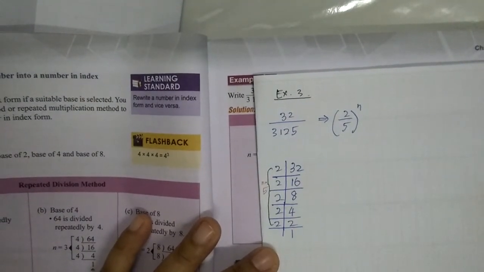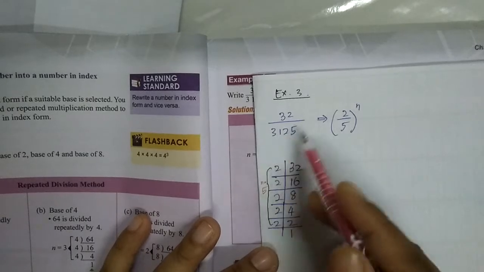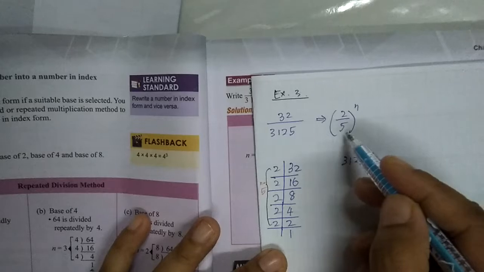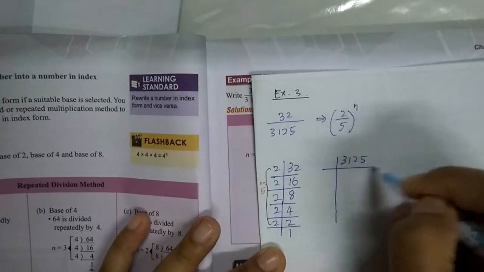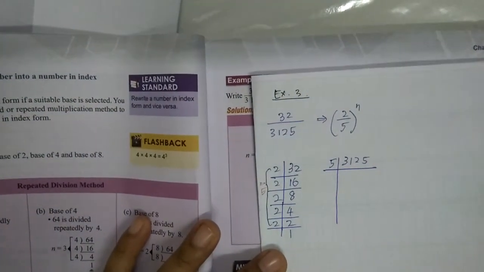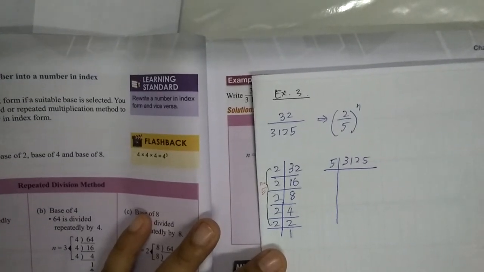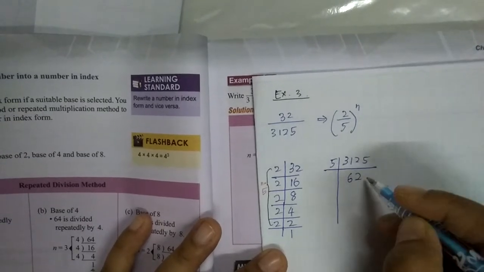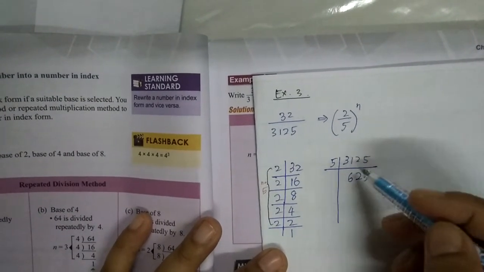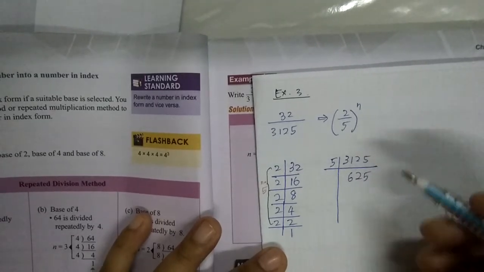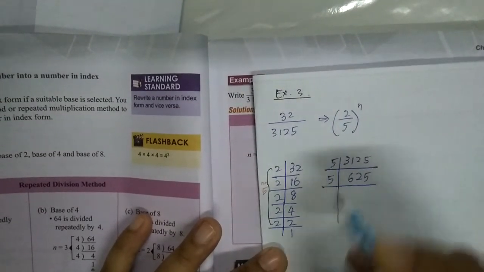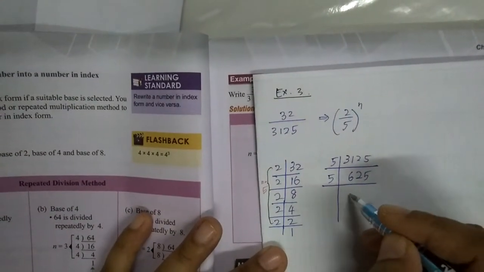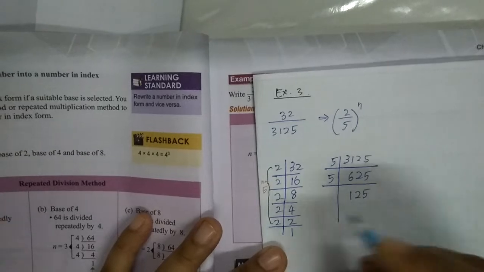Okay. Now we check the denominator, 3125. 3125, its partner is 5. So divide by 5. 3125 divided by 5 is 625. You can use your calculator. Again, divide by 5, 125.